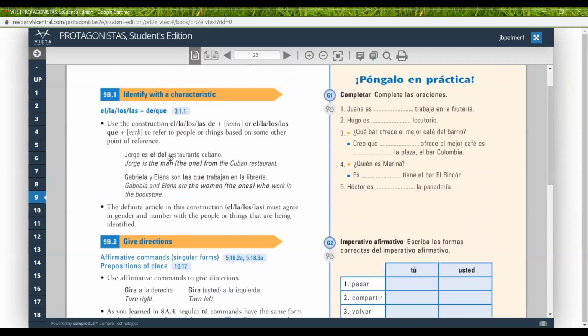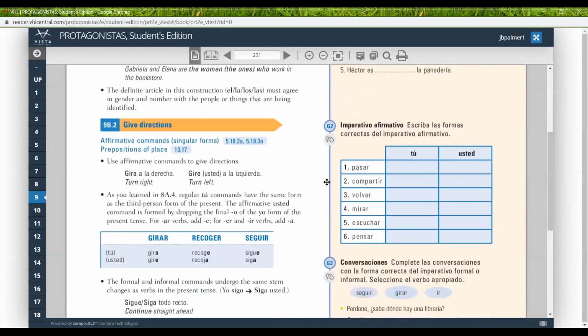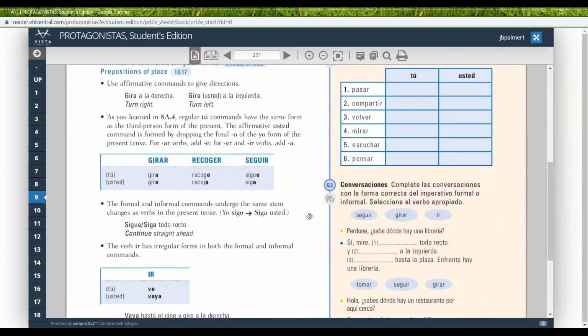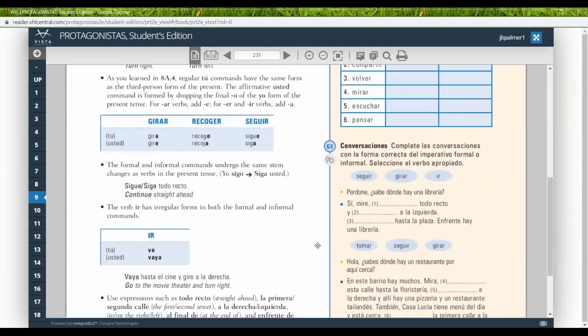And then there are some more examples of this on the first page of 9B, so you can look back at that as well if it's still not clear. But yeah, G2 and G3 are the only ones on VHL from the book that are assigned right now. There might be more later. I'm not sure about that, but anyway.